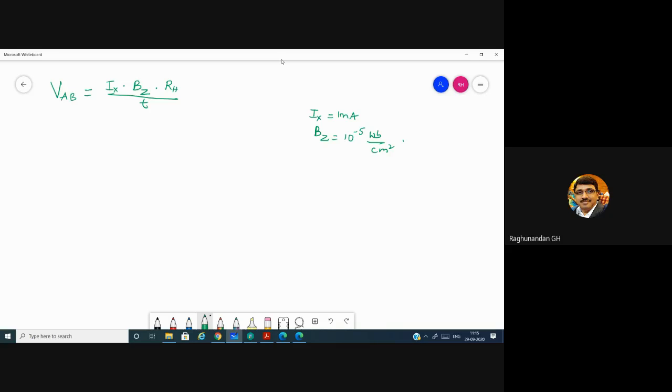This much is given. And T is also given. T is thickness, 10 to the power of minus 2 centimeter. So just add these parameters in the question. The three parameters are given in the question. I just forgot to tell. So along with mu n, these three parameters are also given.